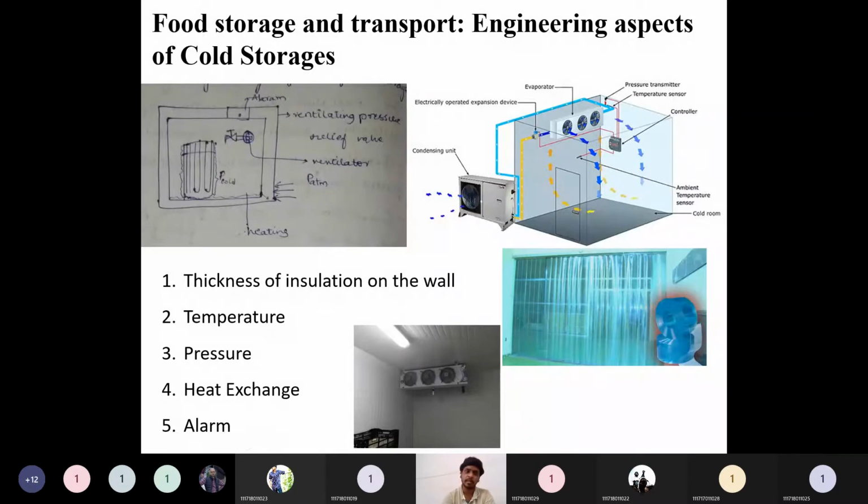In order to lower that, some heating mechanism, floor heaters or door heaters, has to be arranged so that when required it can be put on and that ice will break down. That water will be collected as a drain and then these doors can be opened.